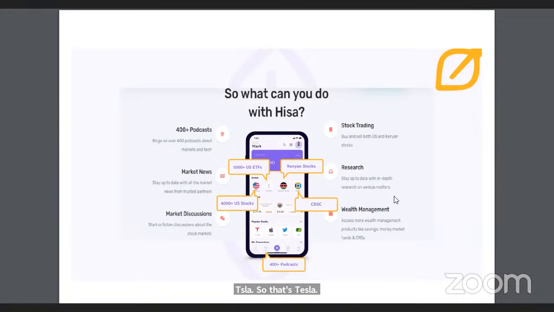Okay, once you click on Tesla, you'll be able to see the option to buy or sell that specific stock. At the top, you'll be able to see if you own any shares of Tesla. If you want to buy, let's buy. At the same time, I think you guys can see the charts. There are two types of charts when you click on Tesla.